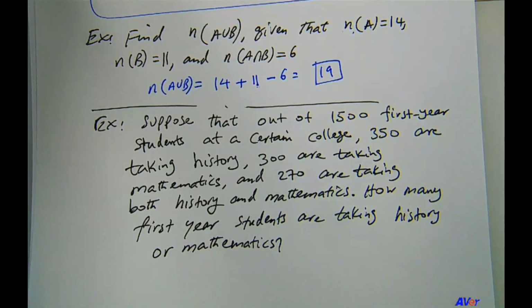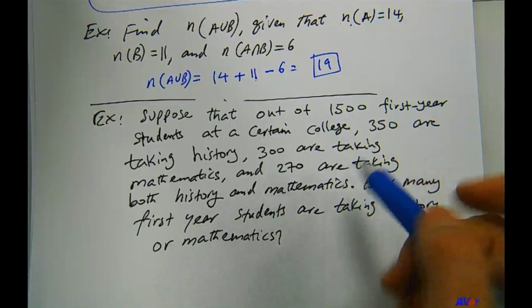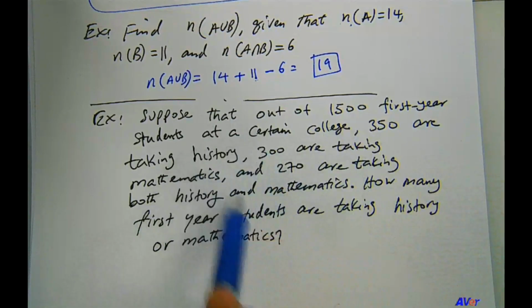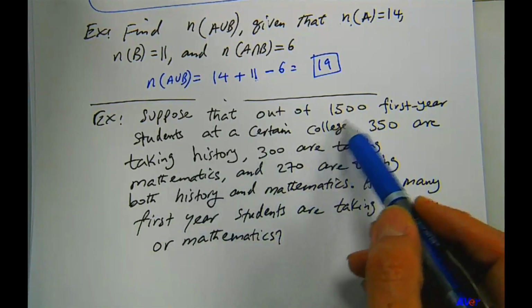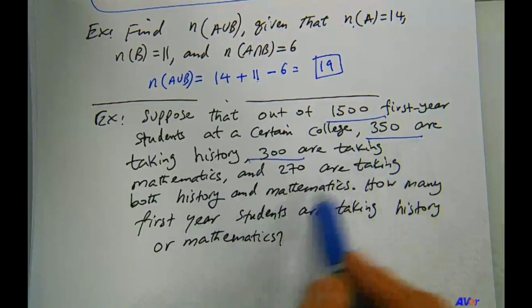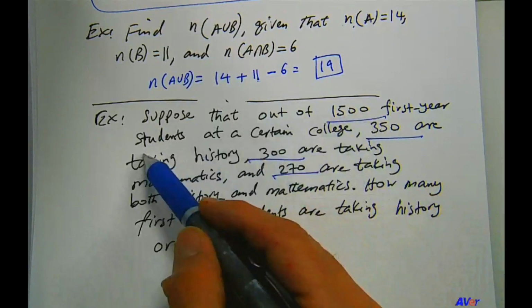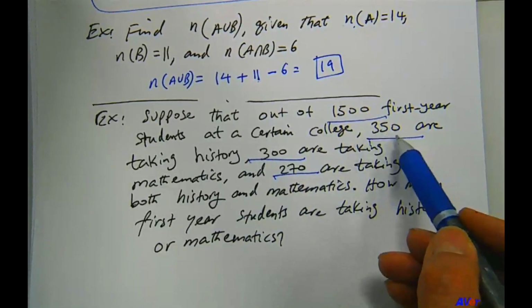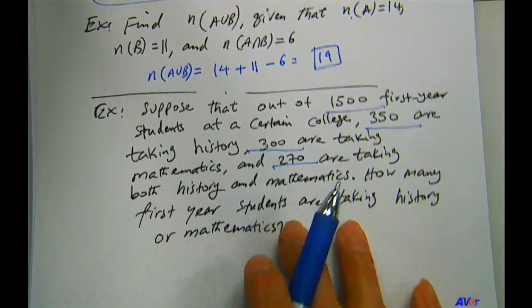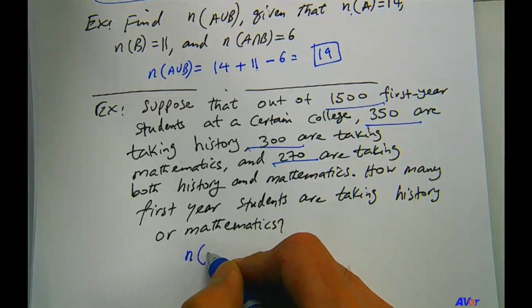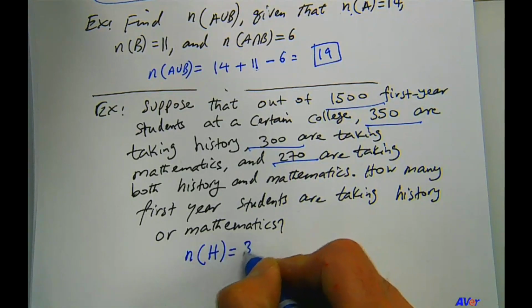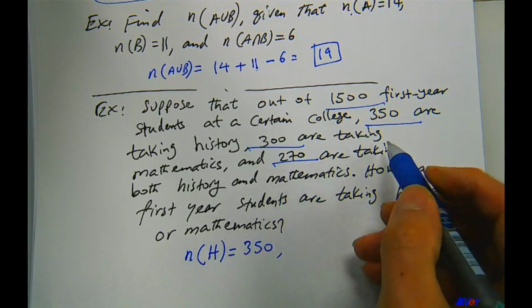Okay, so let's apply the counting formula, but first let's attach notation or symbols to these quantities that we have, right? We have 4 of them. So suppose that out of 1,500 first-year students at a certain college, 350 are taking history. So let's call the number of people who are taking history 350.